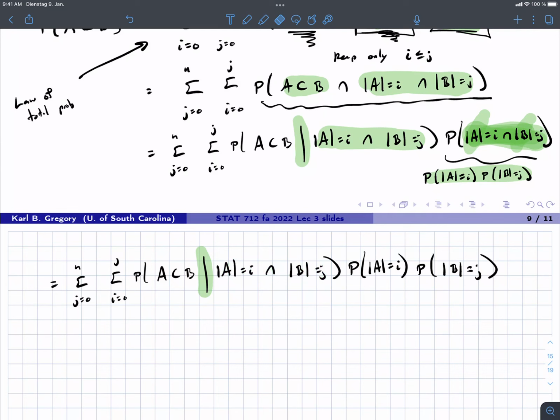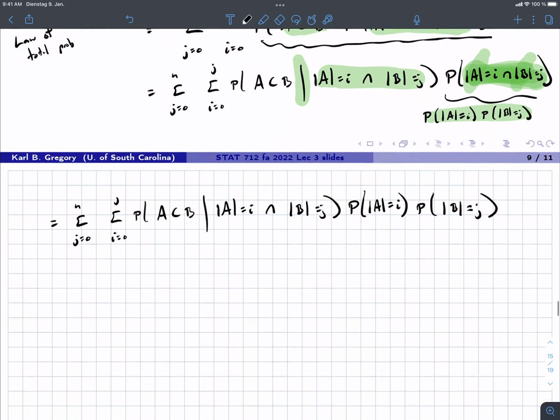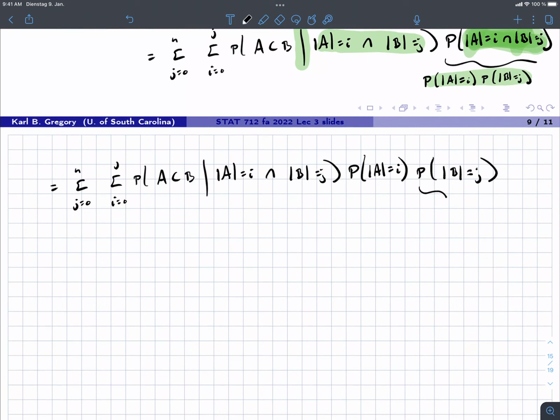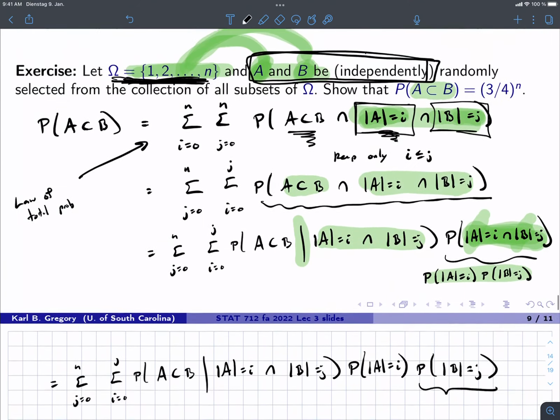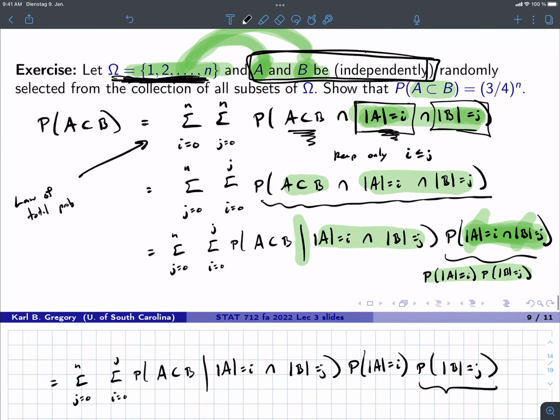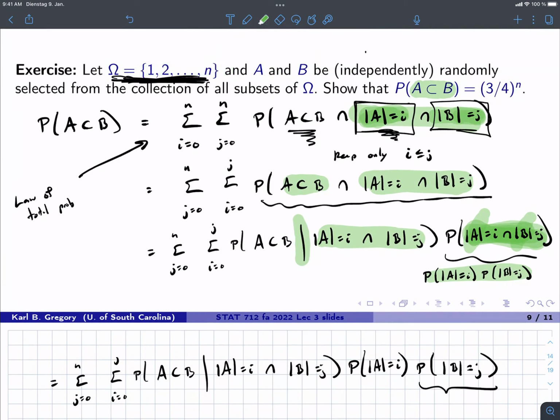Okay, now we can work with this if we think about things carefully. Let's consider the probability that my set B has cardinality J. What am I doing when I draw B? I'm grabbing any subset of this omega, which is 1 through n.